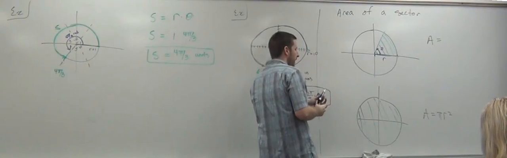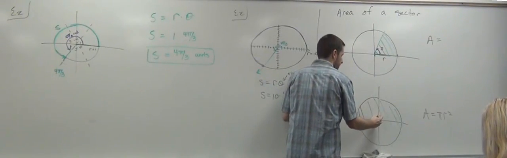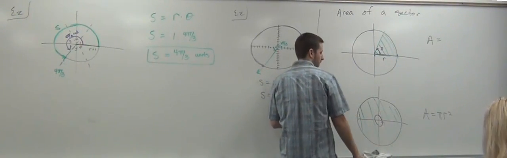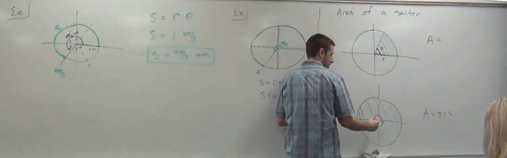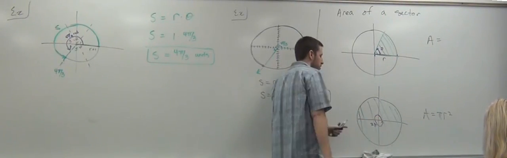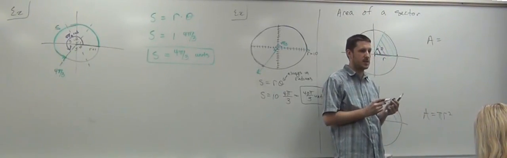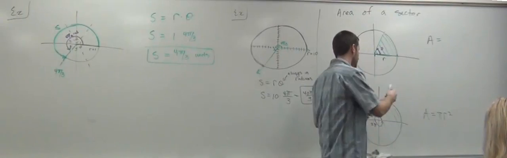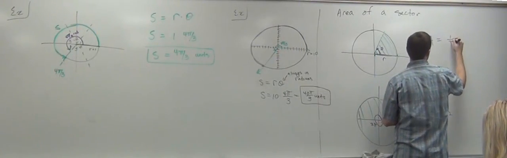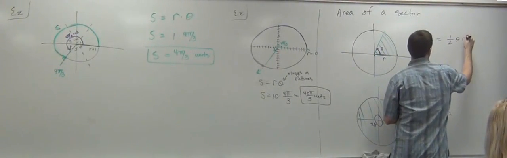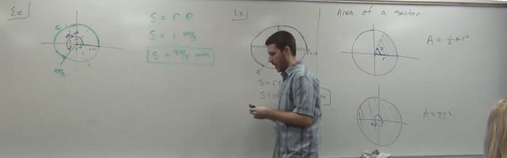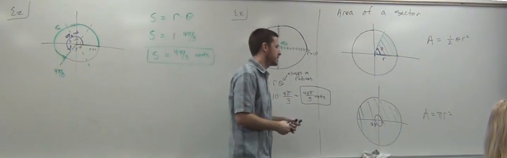And what's the central angle in a full circle? How far would you have to go to make a full circle? 360, or in radians, 2 pi. So you take this angle here, but you cut it in half, and then you square the radius. That's how you get the formula. So over here, it'll be the same thing. It'll be 1/2 your central angle times the radius. What is radius squared for area?